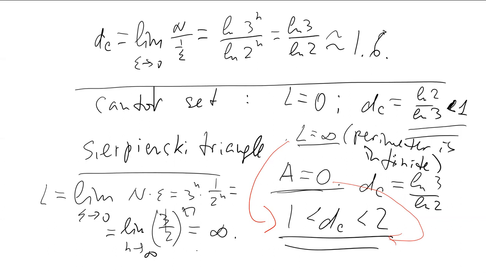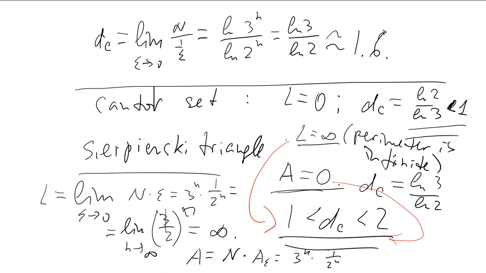With area, we can check the area. So we have lots of triangles. So each area of each triangle. So this is number of triangles times area of each triangle. Number of triangles is 3 to the power of n, and area of each triangle, so these are equilateral triangles with size 1 over 2 to the power of n.